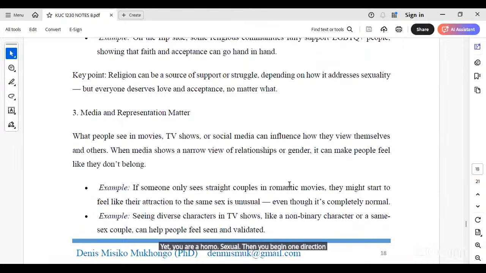But if you watch movies which show people engaging in different sexual orientations, then in a way, it now makes you to feel that, oh, so I'm completely normal.